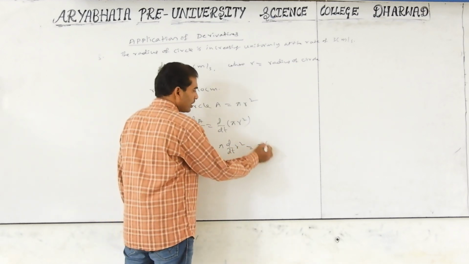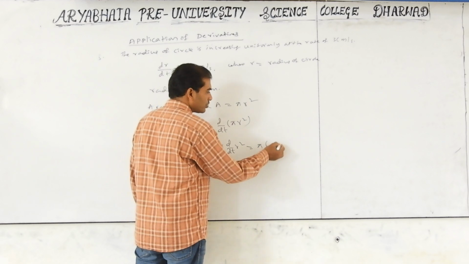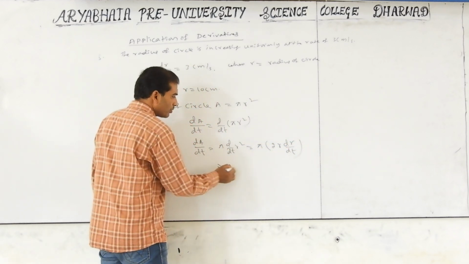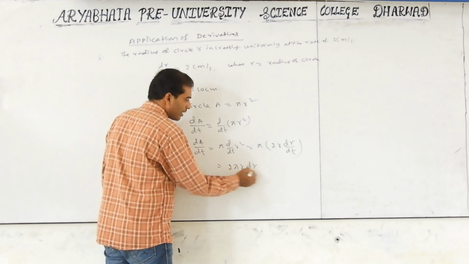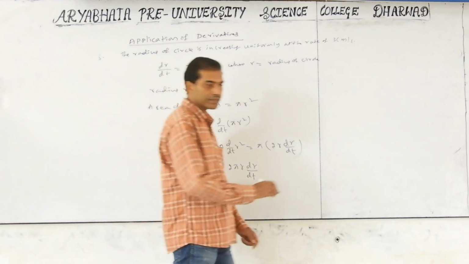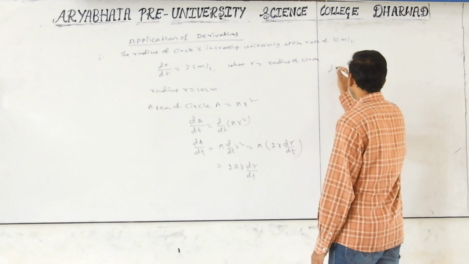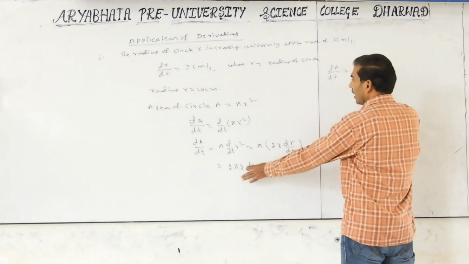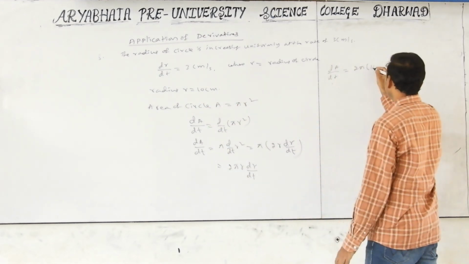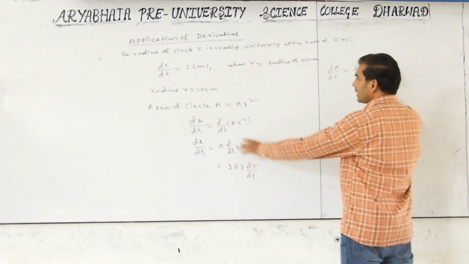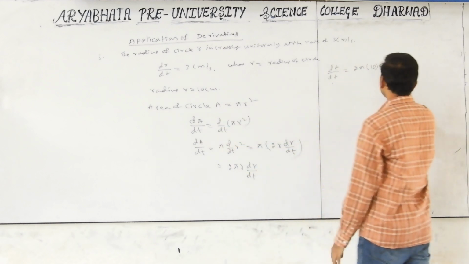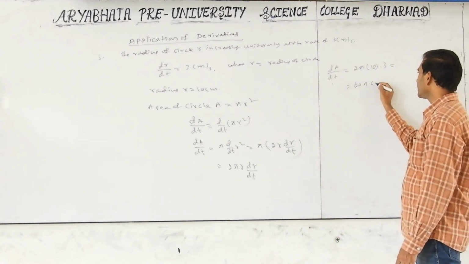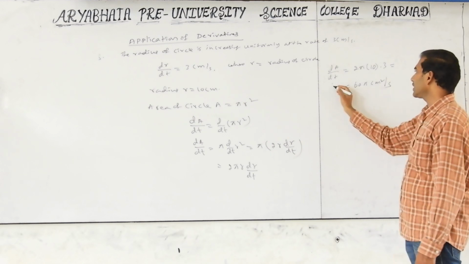The differentiation of r square is 2r into dr by dt, so 2 pi r into dr by dt. Now dA by dt equal to 2 pi, r is 10, into dr by dt, which is 3. So the answer is 60 pi centimeter square per second.